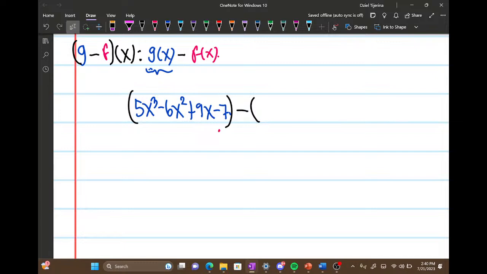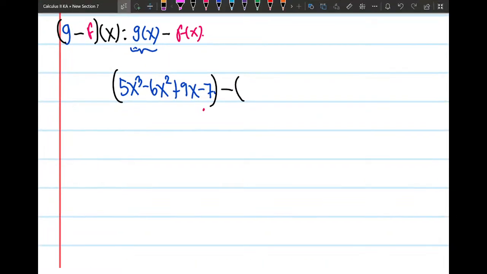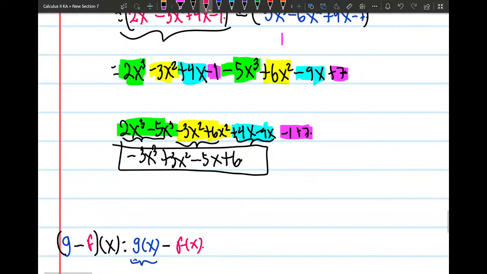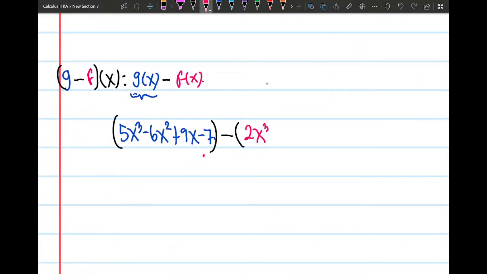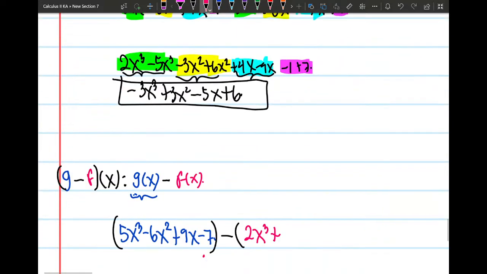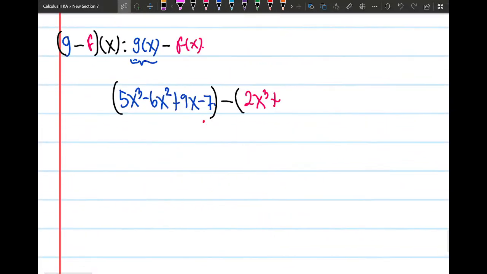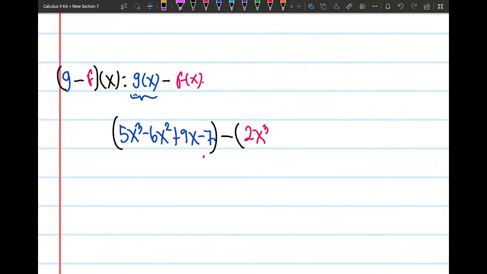Basically, we have g of x minus f of x. And so the way that's going to go is we're going to put f of x, and f of x was 2x cubed minus 3x squared plus 4x minus 1.